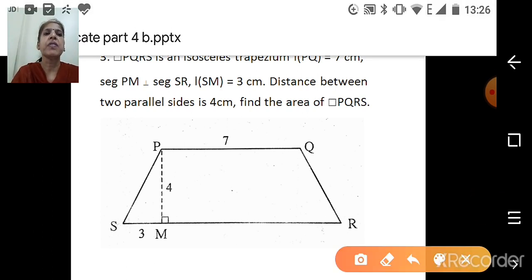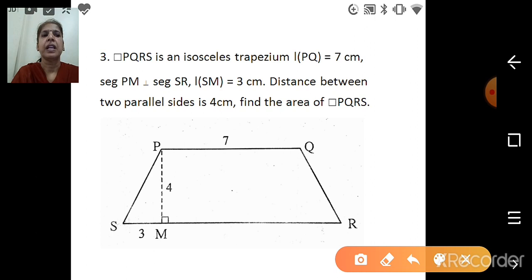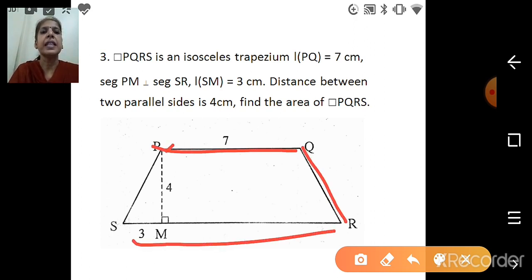So here we have to understand what is given. First thing is PQRS is an isosceles trapezium. Now what is an isosceles trapezium? Isosceles trapezium is a trapezium whose non-parallel sides are congruent or equal in length. So here also the given quadrilateral PQRS is an isosceles trapezium.